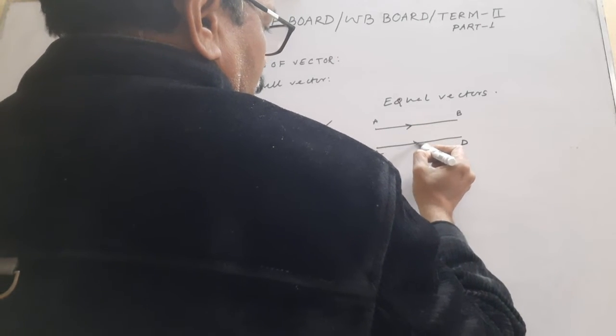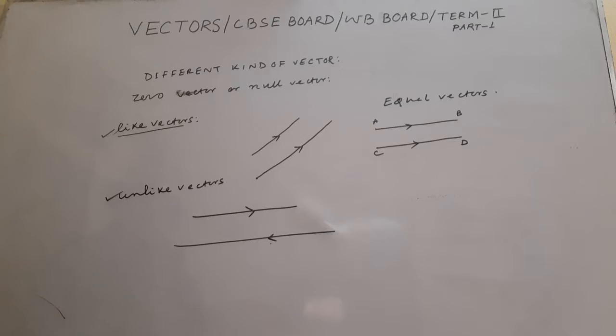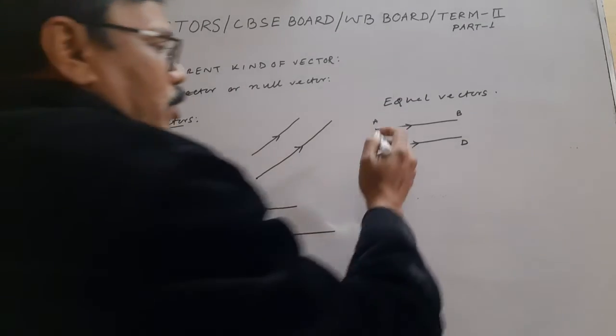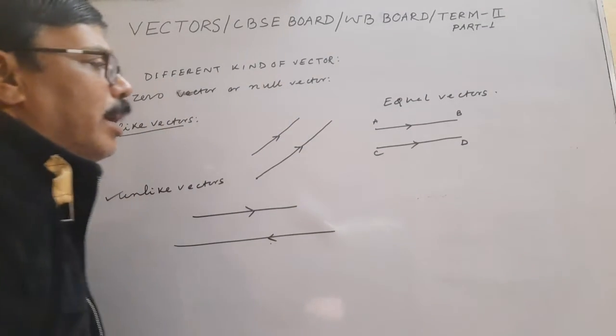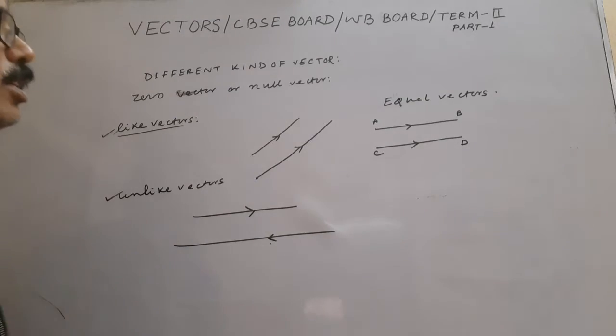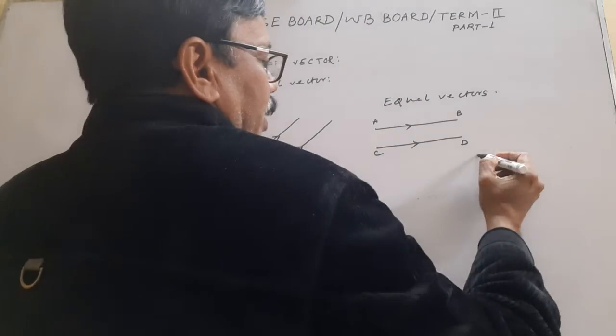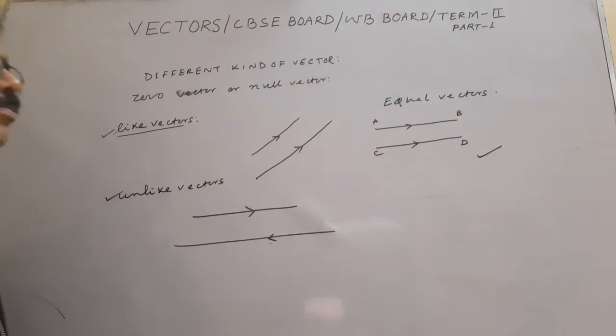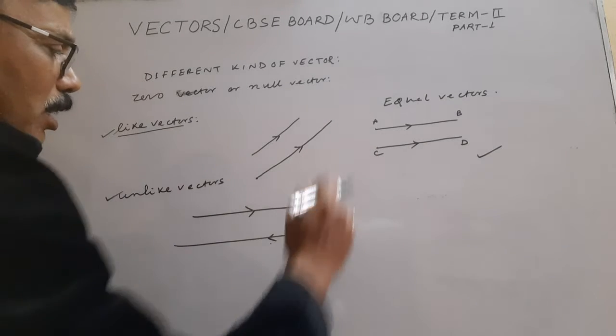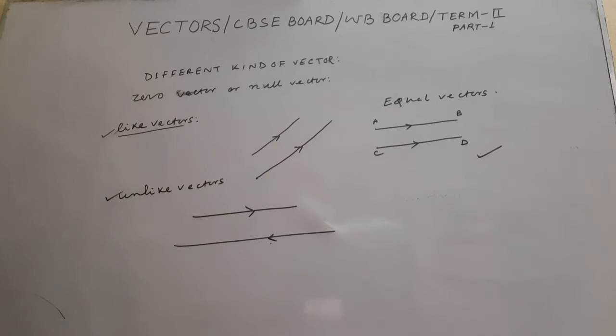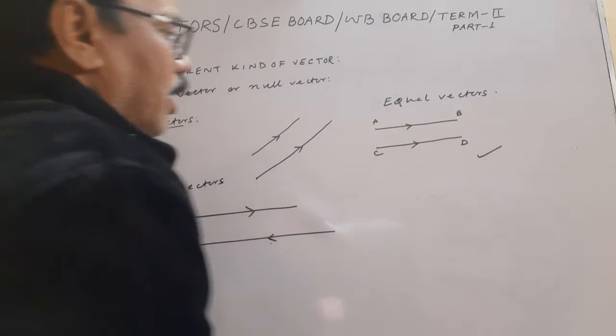Same magnitude and same direction. Vectors with the same magnitude and the same direction are called equal vectors. So look, equal vectors are like vectors with the same magnitude and same direction.